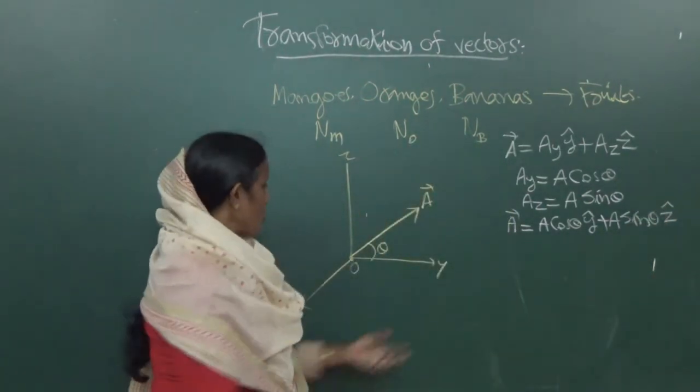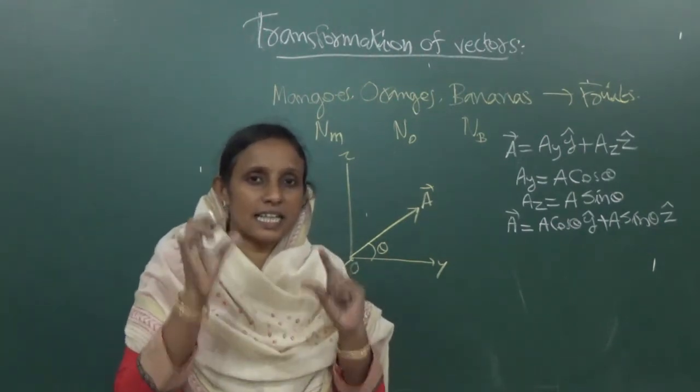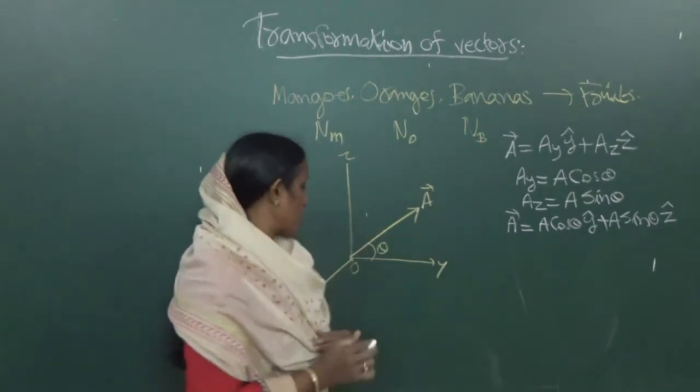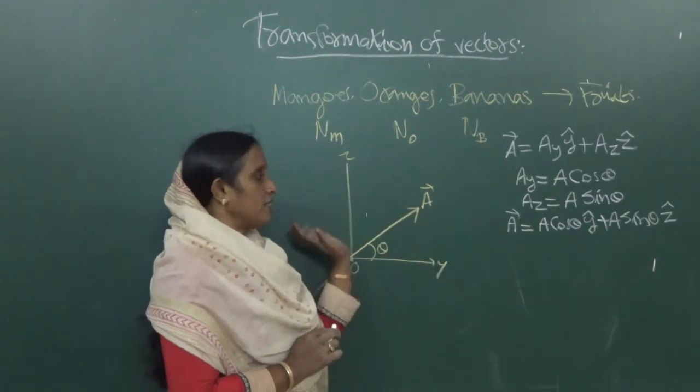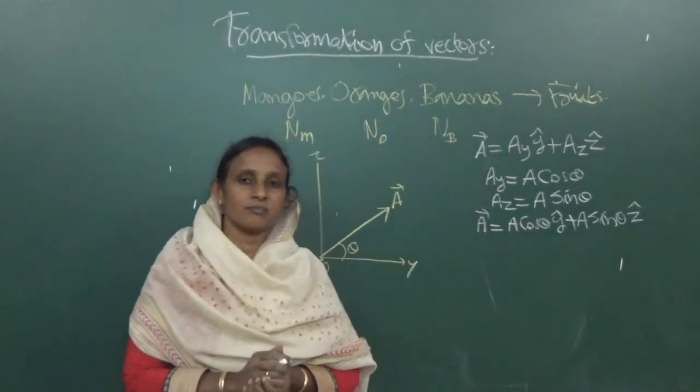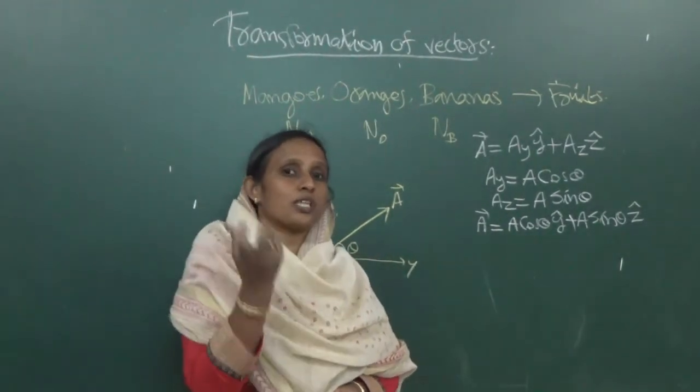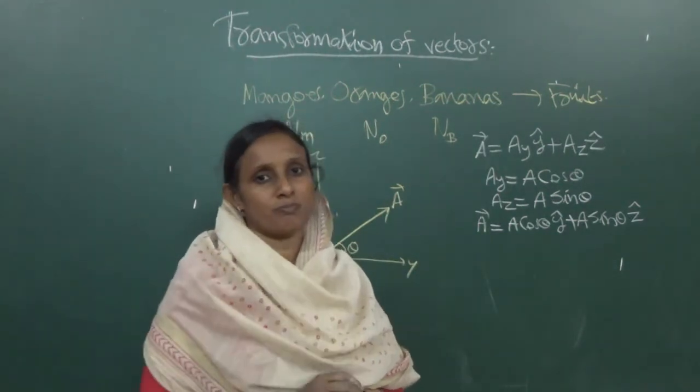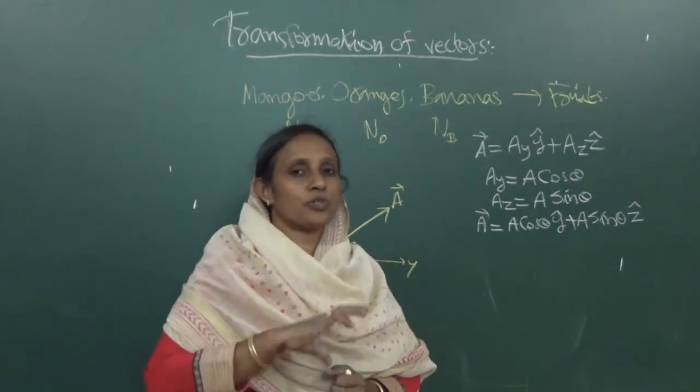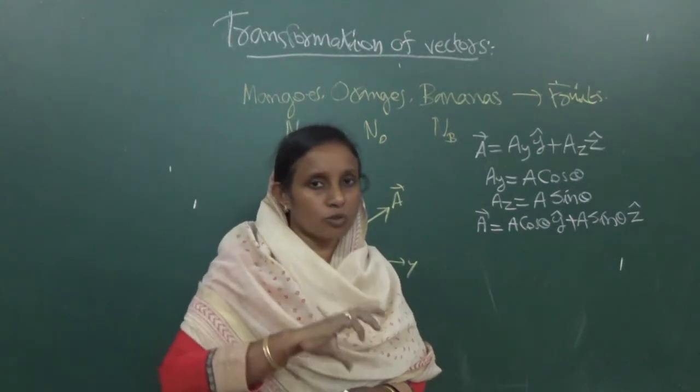So vector A equals A cos theta y cap plus A sin theta z cap. This is how we represent a vector A in a Cartesian coordinate system x, y, z. Now we want to know how these components transform, so we have to change our frame of reference or coordinate frame.